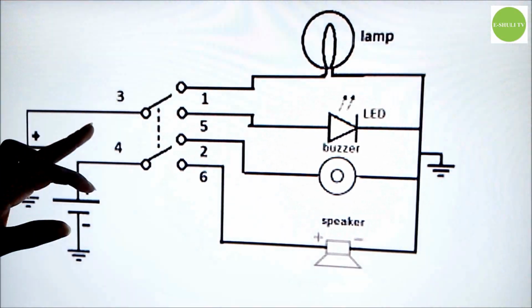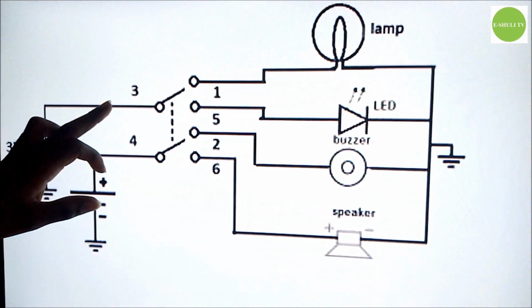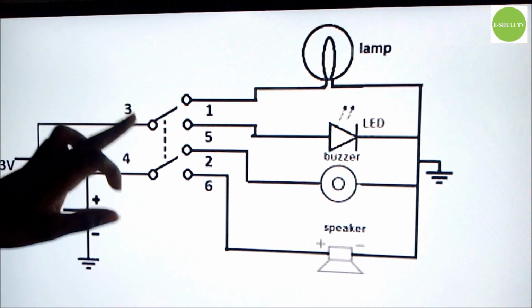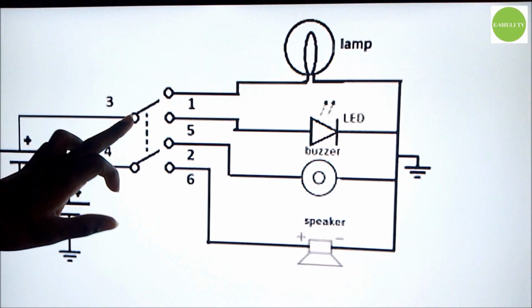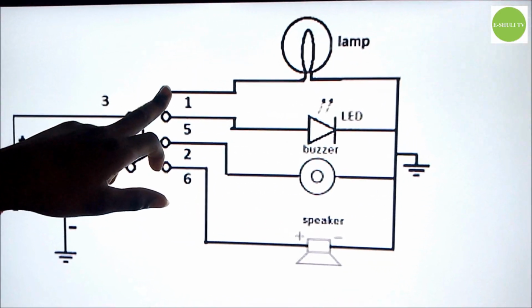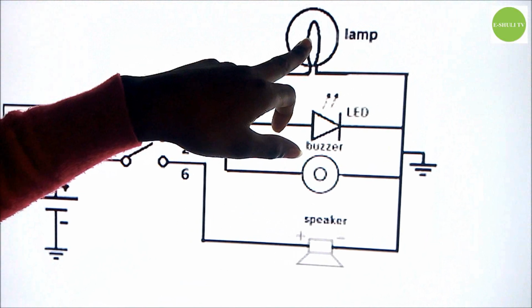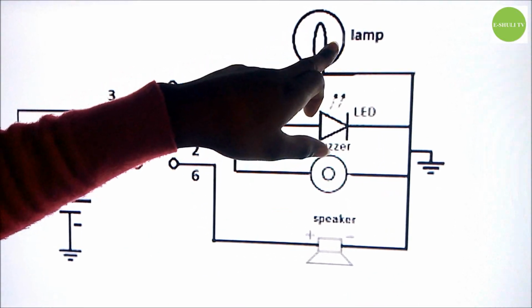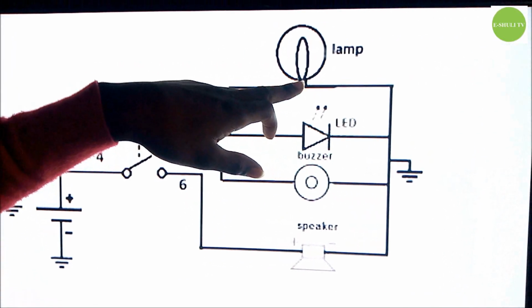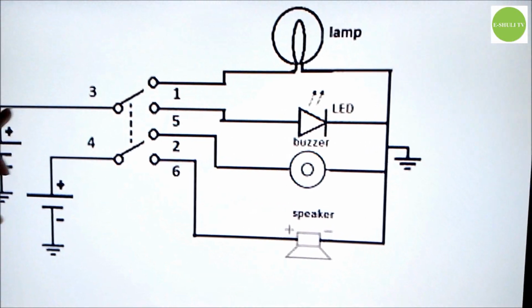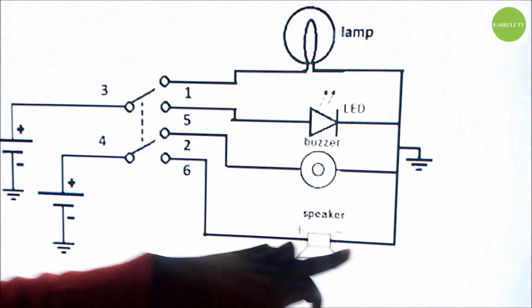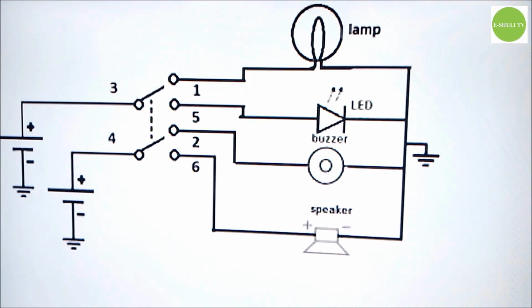You see, at this stage, when common or terminal 3 is connected with terminal 1, this red will be on, will be at connection, will be high.